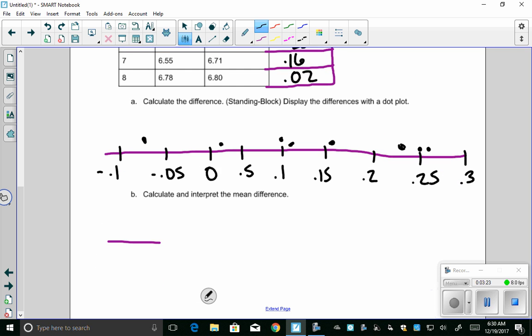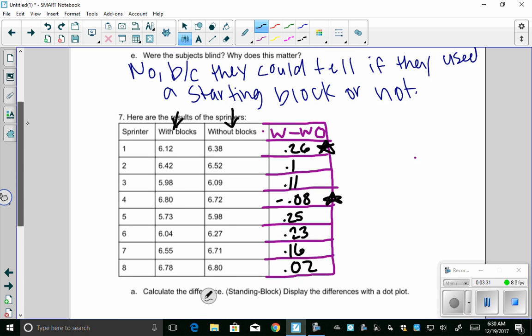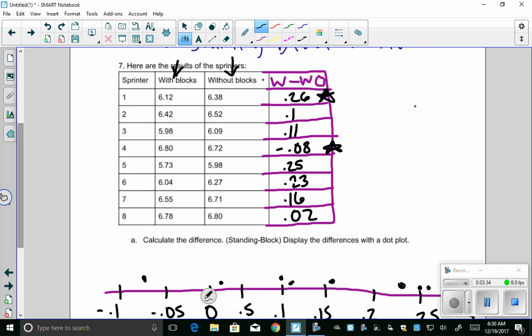So that's problem A. Problem B says to calculate and interpret the mean difference. The mean difference is where I add this last column. So I'm going to add 0.26 plus 0.1 plus 0.11 plus negative 0.08 plus 0.25 plus 0.23 plus 0.16 plus 0.02 and hit enter.